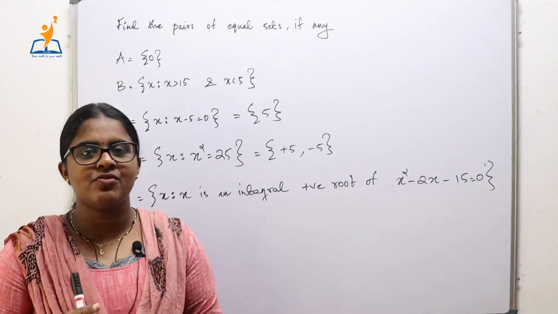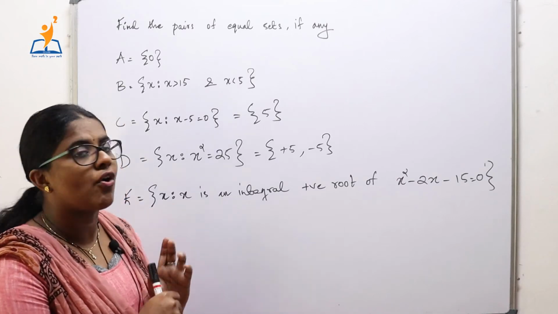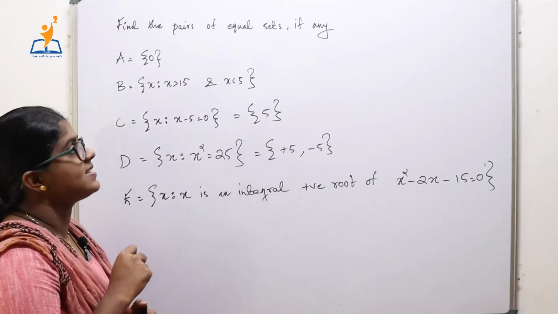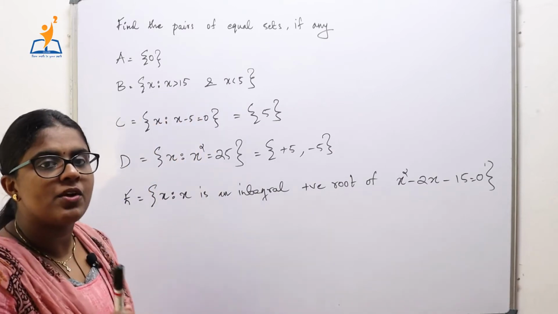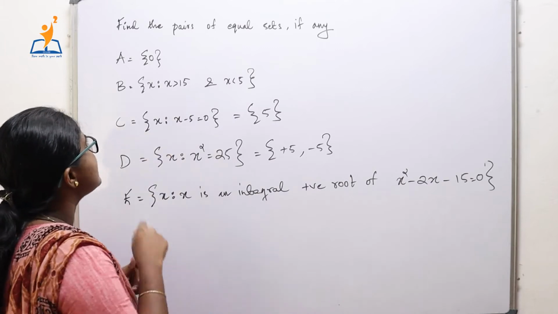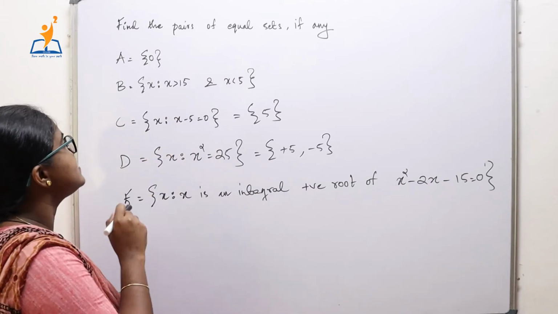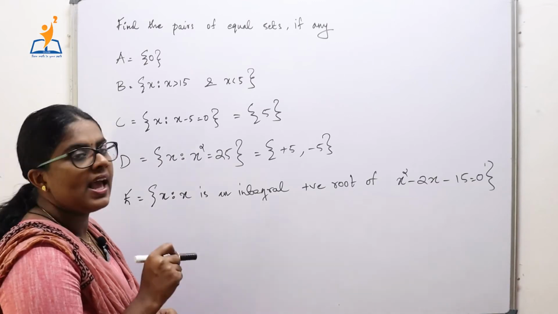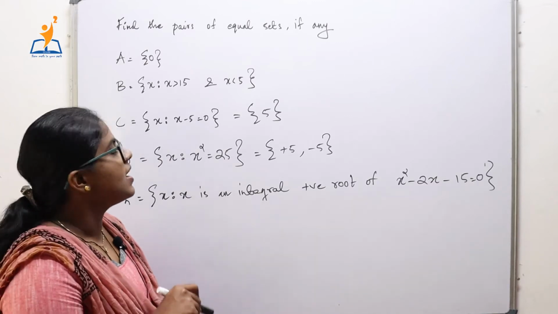In this question, we are going to check which of the following pairs are equal. The first set is set A and it contains only one element, that is 0, and the second set is set B. It is the set of all x such that x greater than 15 and x less than 5.